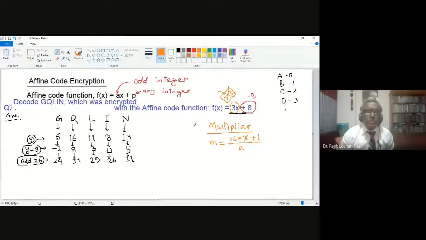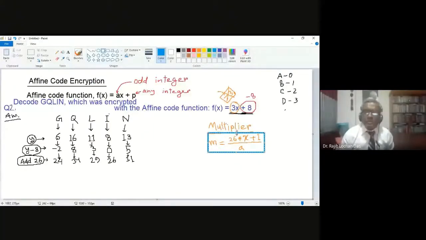So you will calculate the multiplier for your problem. So this multiplier number can be different for different problems, and there may be many number possible. I mean, for this example, multiplier can be 5 or 7 or 8 different numbers. So anyone you can apply, no problem.